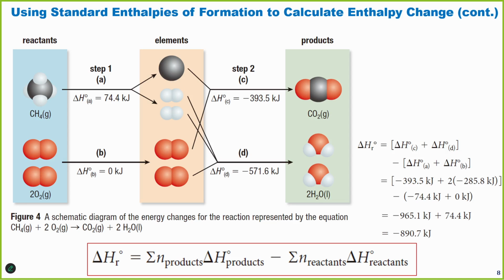The enthalpies of formation are multiplied as indicated by the balanced equation, which is shown here on the bottom of this page, where sigma means the sum of terms, and n products and n reactants represent the amount in moles of each product or reactant respectively.